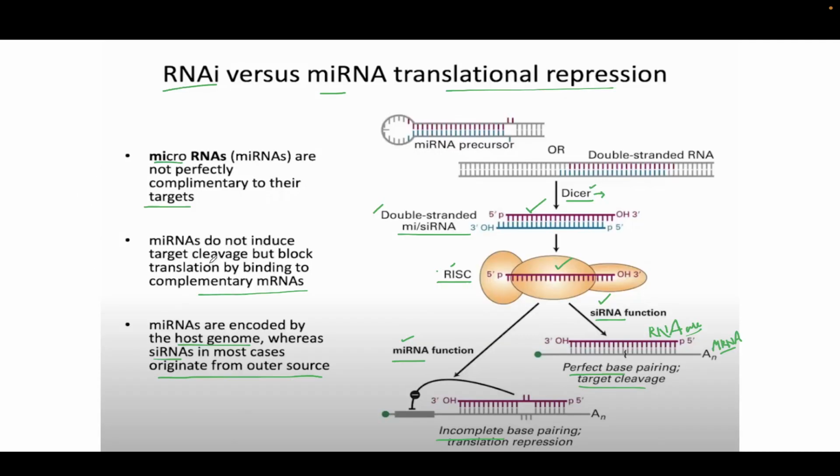I think it is clear to everyone. Is it clear? This is one important topic, where you understand the mechanism of translational repression, or the mechanism of RNAi, how it functions. Is it clear to everyone?